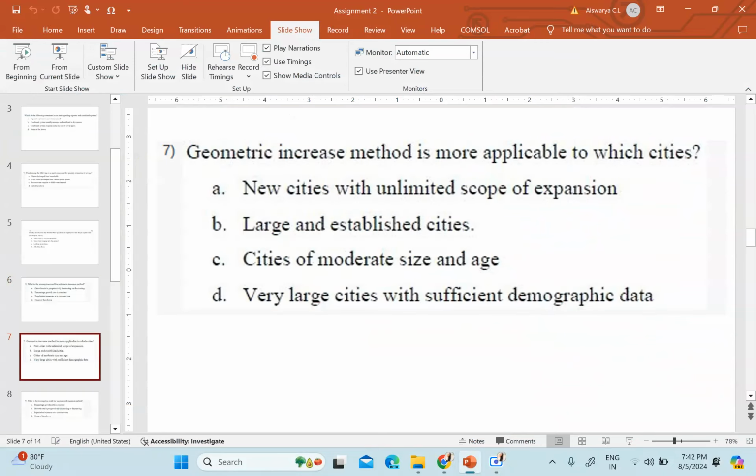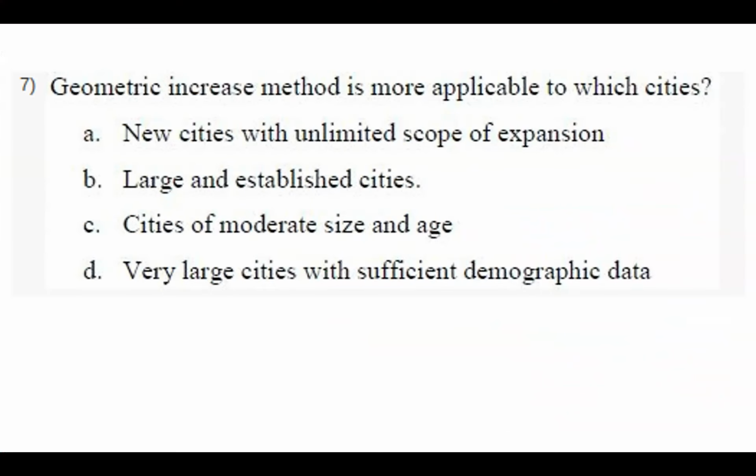Next question: the geometric increase method is more applicable to which cities? A, new cities with unlimited scope of expansion; B, large and established cities; C, cities of moderate size and age; and D, very large cities with sufficient demographic data. What is the answer?